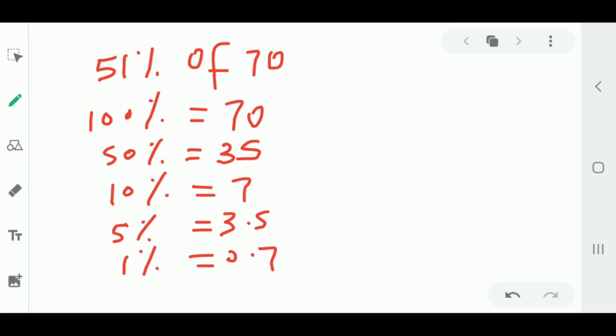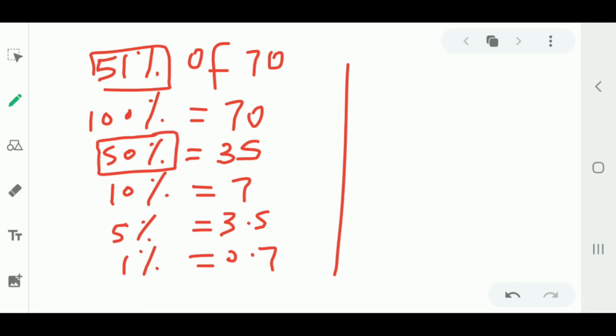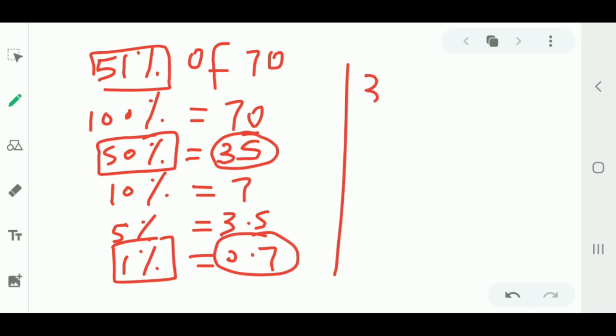So again, a pattern: 7, 3, 5, 7, 3, 5, 7. What you do is look to see how you can get 51%. So 50% plus 1% gives you 51%. So all you have to do is add 35 and 0.7. So 35 plus 0.7 gives you 35.7.